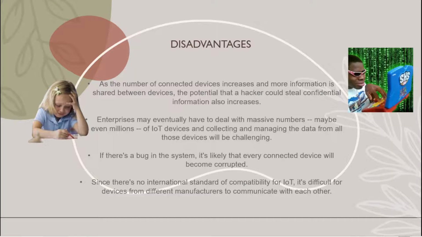Third, if there is a bug in the system, it's likely that every connected device will become corrupted. And fourth, since there is no international standard of compatibility for IoT, it is difficult for devices from different manufacturers to communicate with each other.